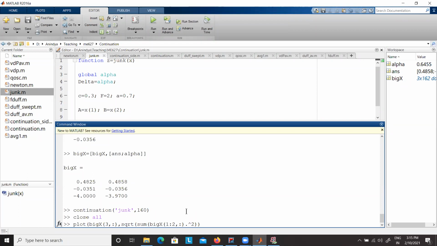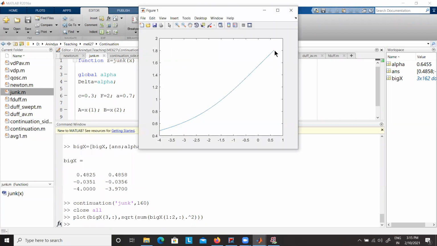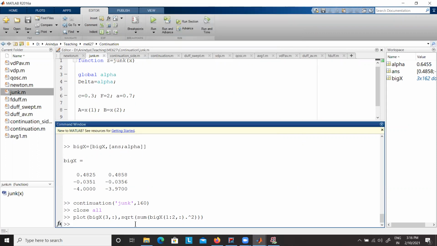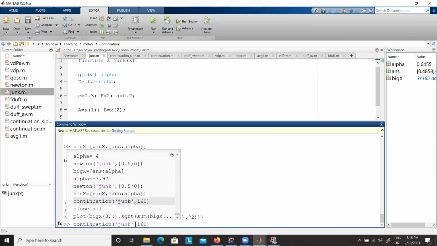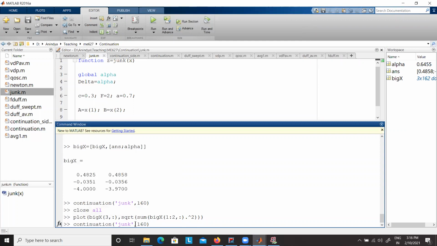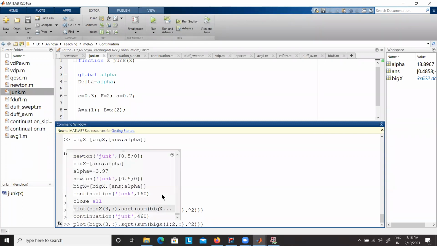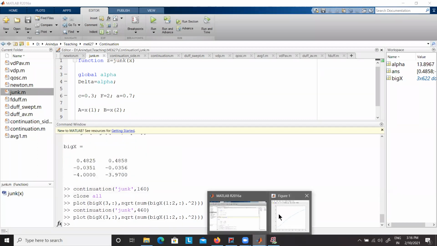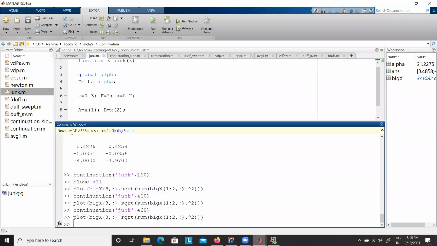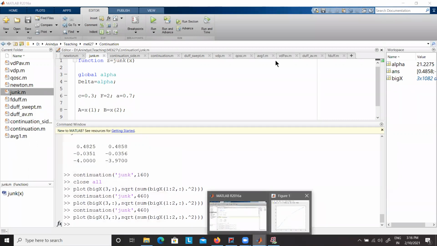That's the amplitude. Okay, it is still going. I need to take longer. Let me take 400 just so that I don't have to. Oh, it is still going. Now it has turned around. You can see that it has turned around.